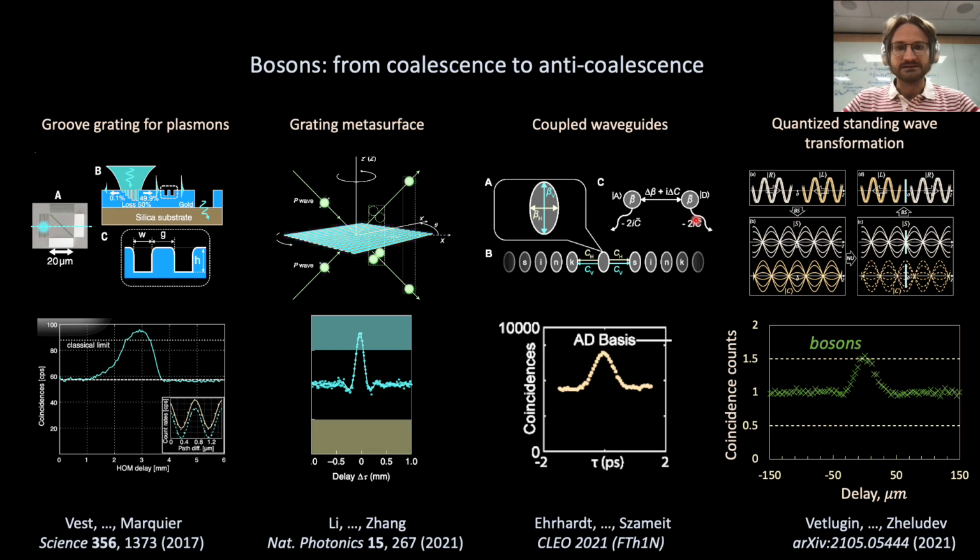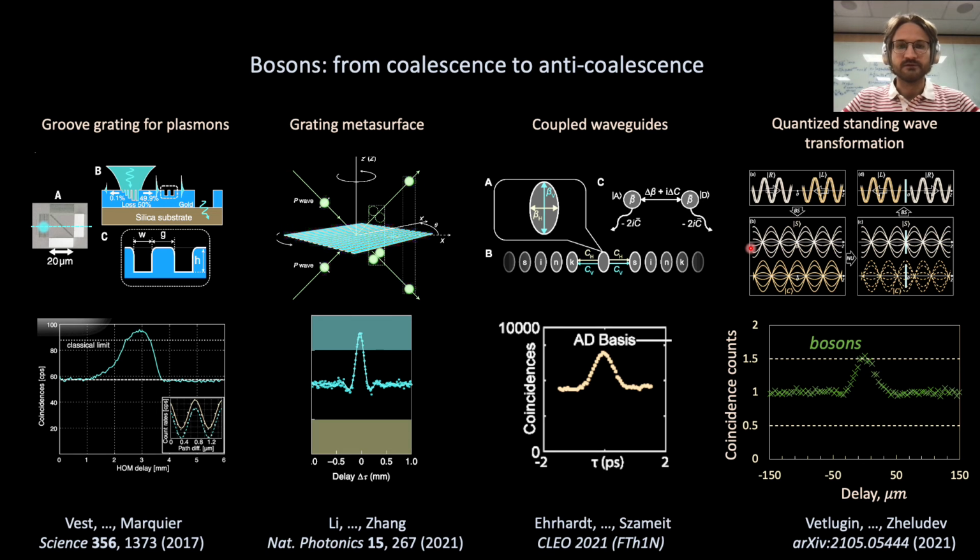And if you attended yesterday's session on quantum measurement 1, you may have seen the talk of Max Erhardt, where they use the polarization degree of freedom and a single waveguide for beam splitting. This coupled waveguide structure allows them to control the losses, and they observe these peaking coincidences.